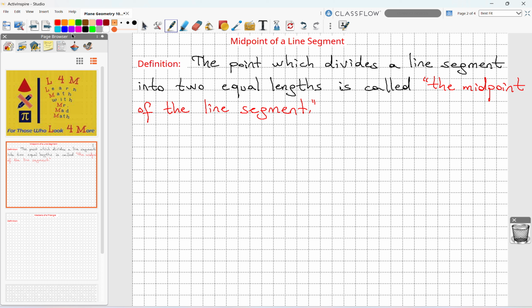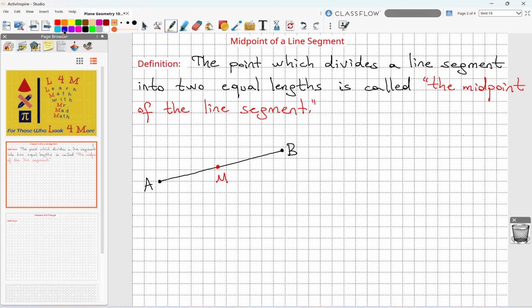So let's demonstrate it. For example, let's say that we have a line segment AB and we have a point M here.